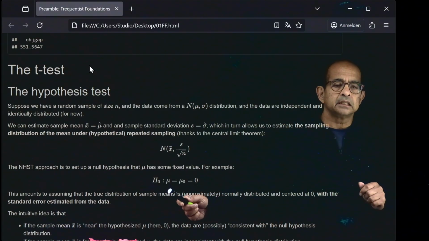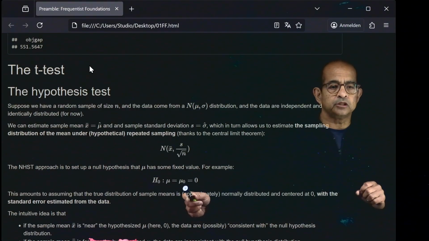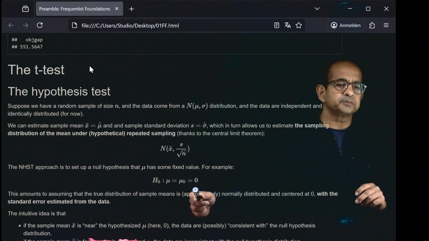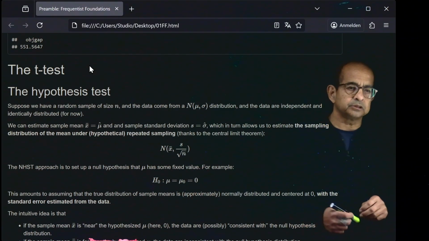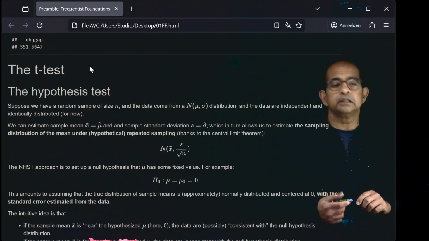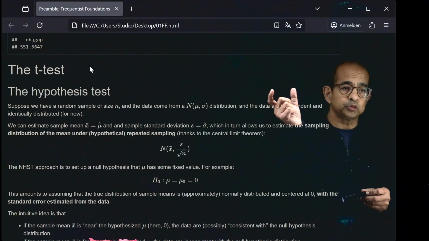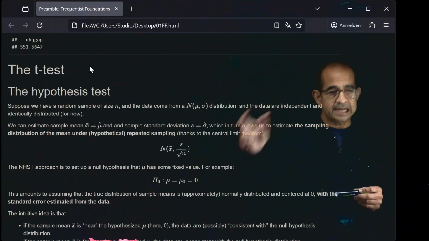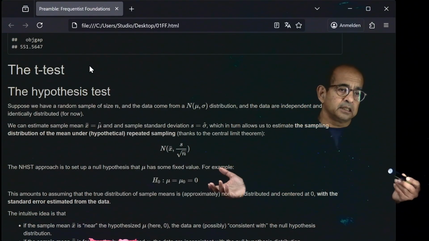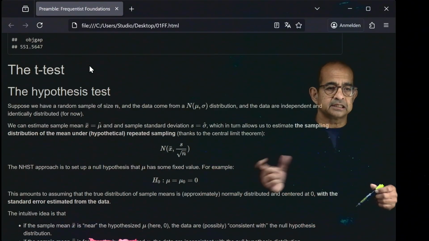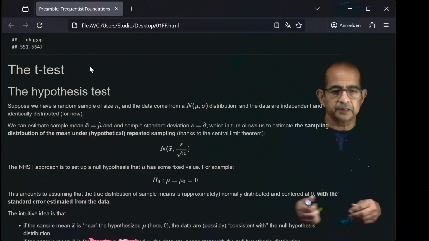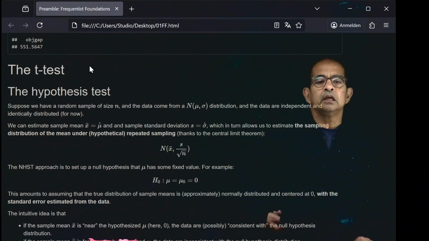We assume that the true mu has some specific value, which I'm calling mu sub 0, and in this particular example I'm just using mu equal to 0, because that will often be the hypothesized value, because normally we'll be talking about differences between two conditions, and so the standard null hypothesis there, at least in psychology and linguistics, is that the difference in means between the two is 0. So that's why I use 0 here. So we set up a null hypothesis for the mu parameter.